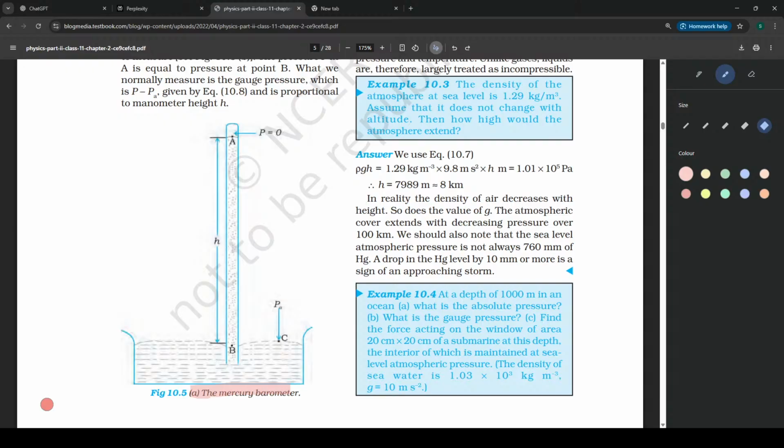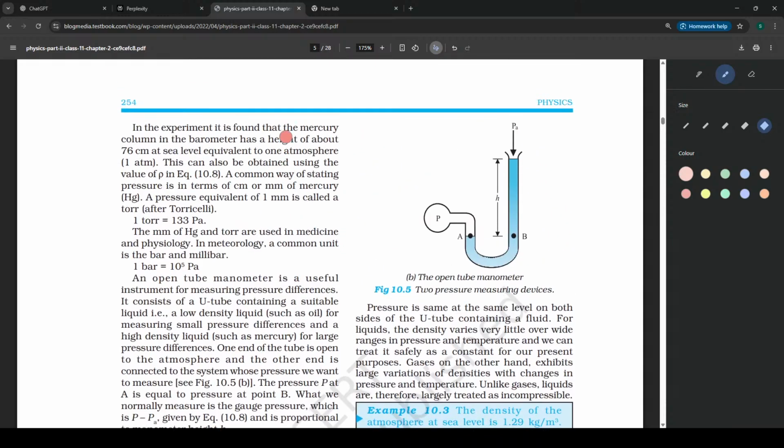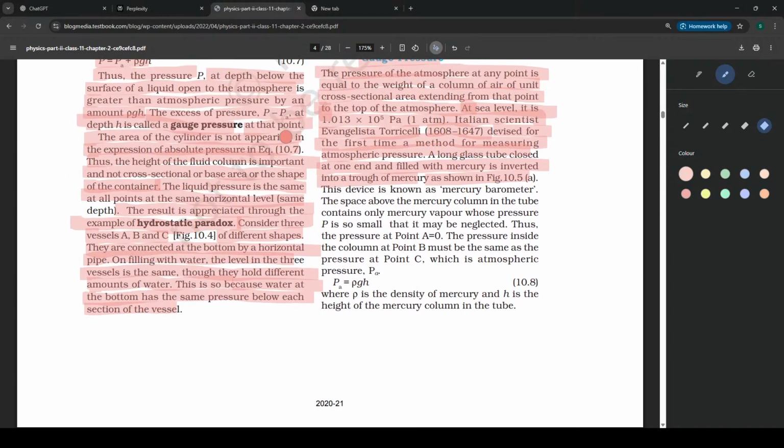Now, when we place this glass test tube inside this trough of mercury, we can observe that the mercury will rise to a certain height. Let's read first. This device is known as a mercury barometer.